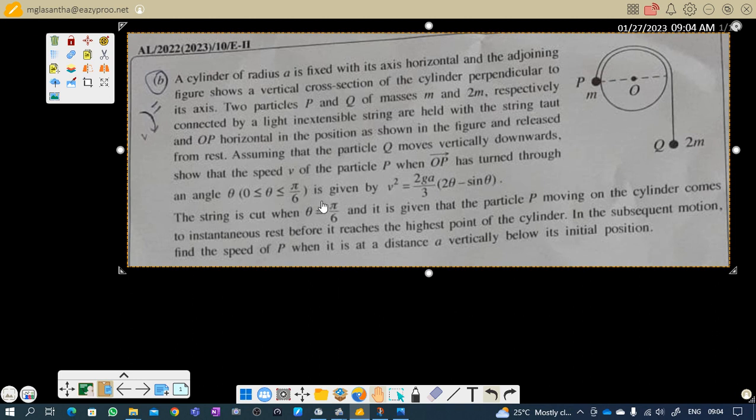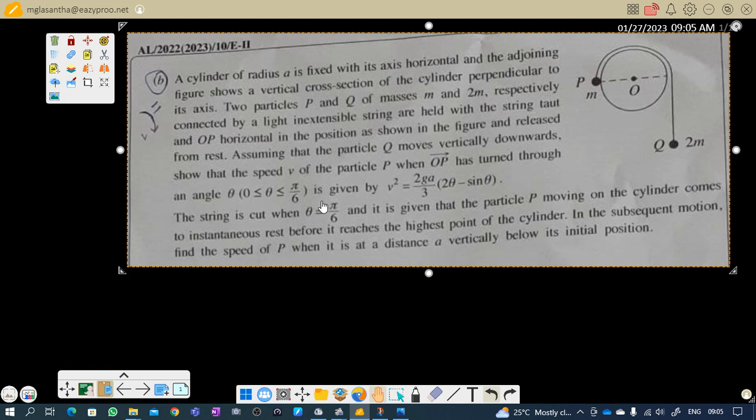So there's a cylinder, it is fixed, its axis is O, right? The P and Q are particles connected with a string. Part of the string goes round the cylinder, right?